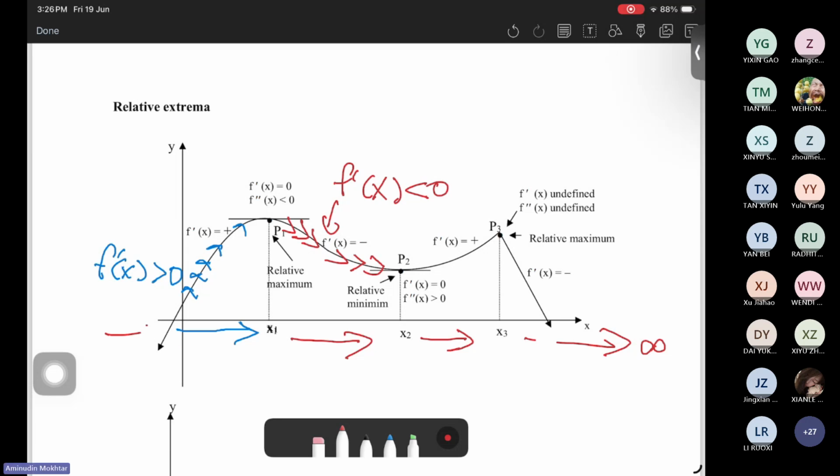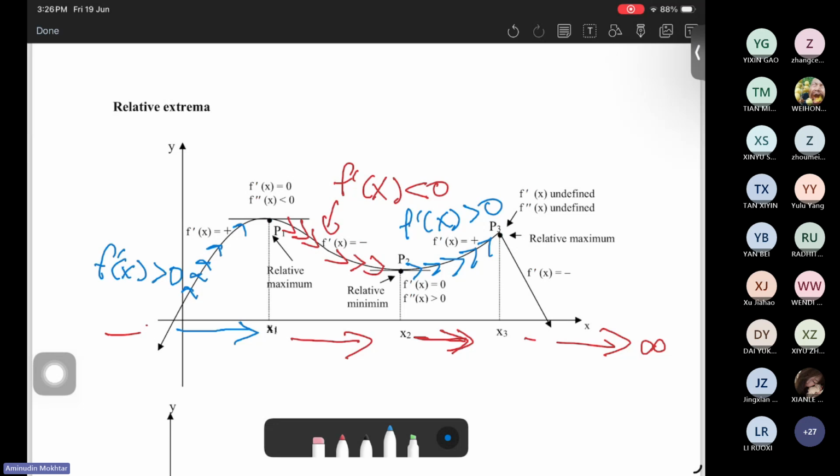Then we move from x2 to x3, and the function starts to increase. The value of y is increasing when we move from x2 to x3. In other words, between x2 and x3, the first derivative, the slope of the function, must be positive.